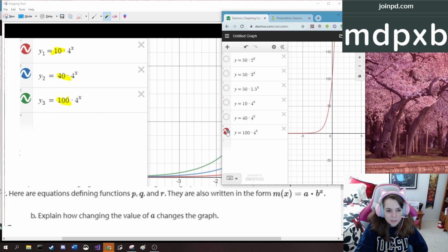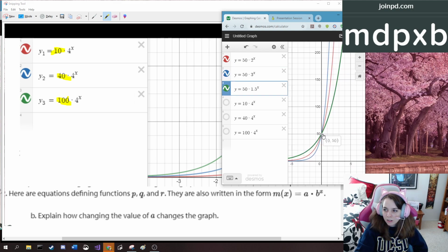If we look at our previous graph where the starting value was all the same, they all start at 50. However, their growth rates change the shape and how much the graph will curve. So once again, when we changed the rate, it changed how the curve looked.